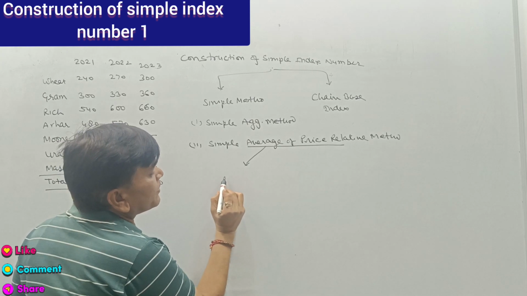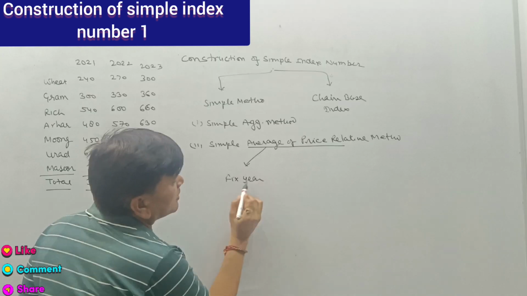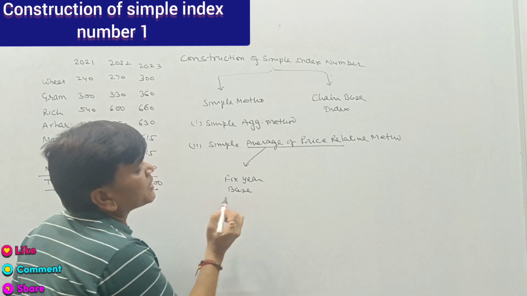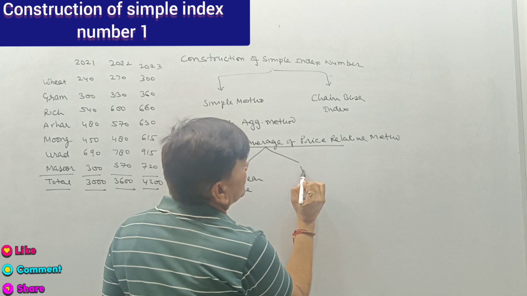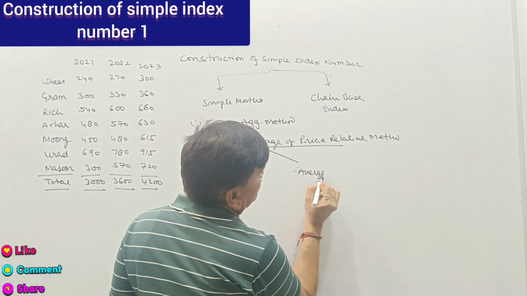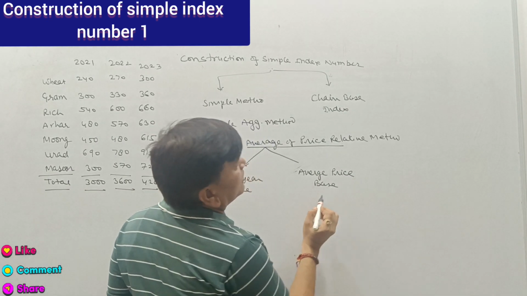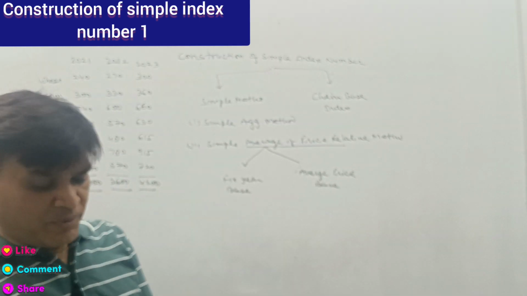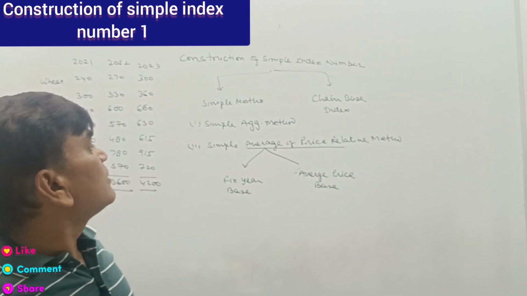One may be fixed year base index number, and that may be average price based index number.